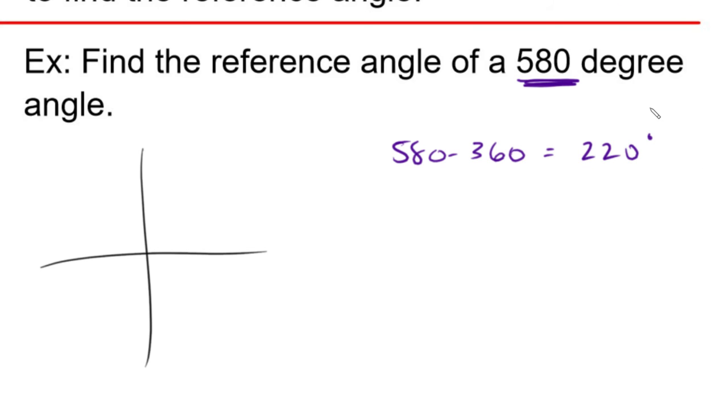So your coterminal angle is 220 degrees. Then, first off, let me draw a 580-degree angle. A 580-degree angle will go all the way around once, and then go around again by 220 degrees, which would look like this.